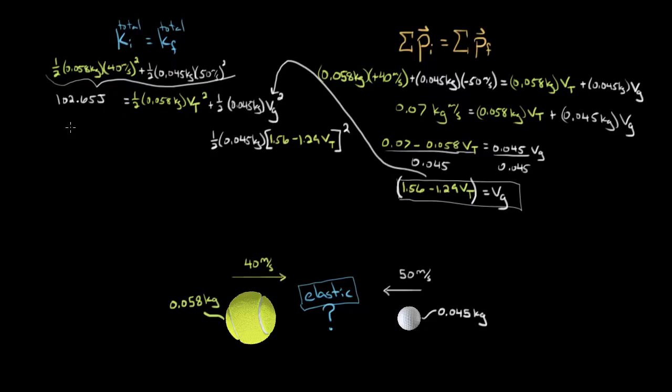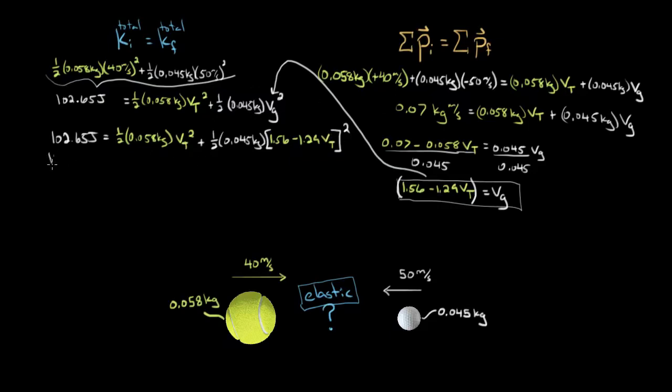So I still have 102.65 joules equals 1/2 times 0.058 kilograms times VT squared, plus this quantity right here, which is what I substituted in for VG. It's getting a little messy, but at least I now have one equation with just one unknown. I just have VT in here.